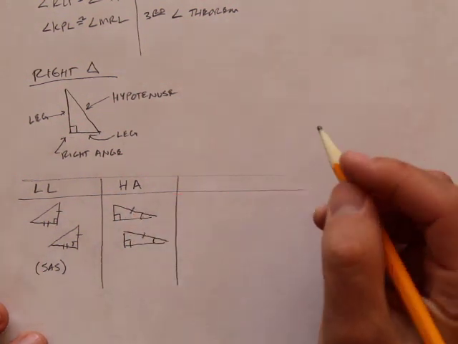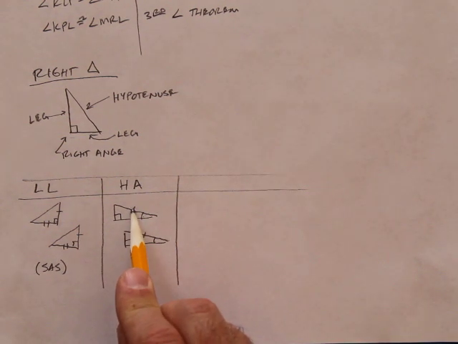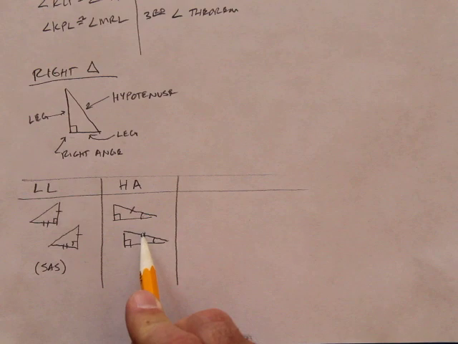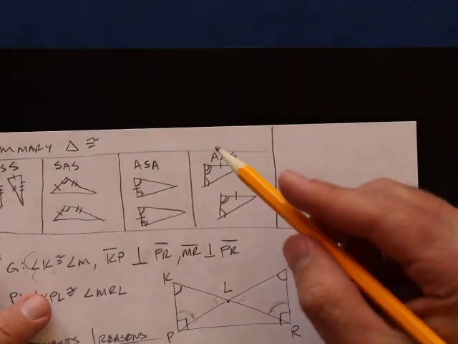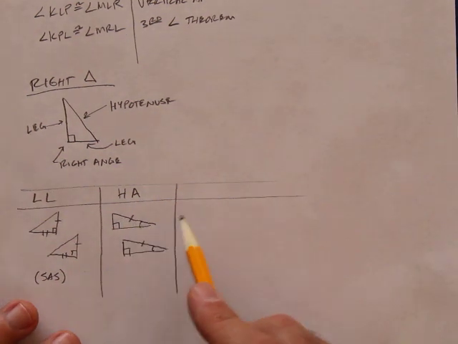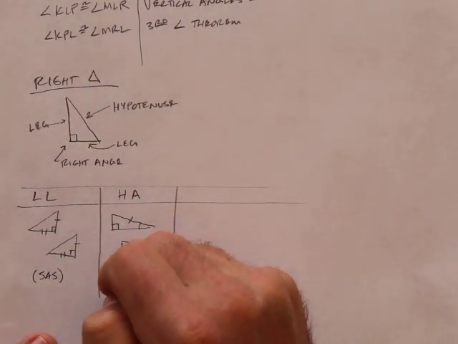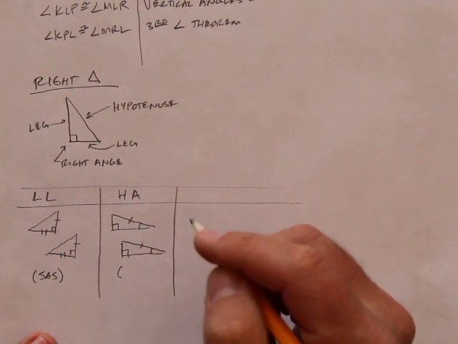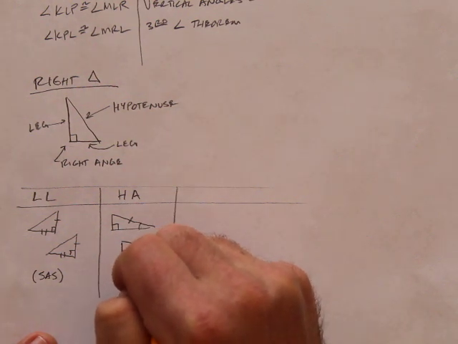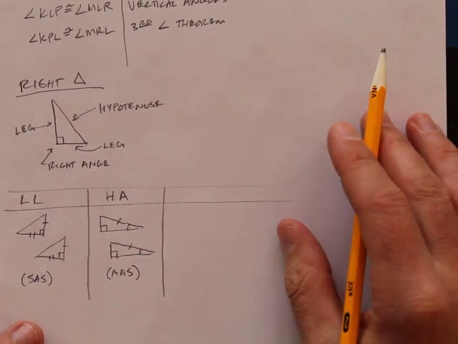Hypotenuse, angle. So what I really have here is angle, angle, side. Just like this one. So this is the hypotenuse, but it's still a side of the triangle. It's not a leg, though. And so we really have angle, angle, side here. But if it's a right triangle, then we just call it hypotenuse angle.